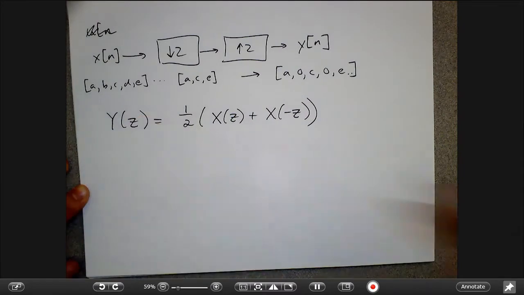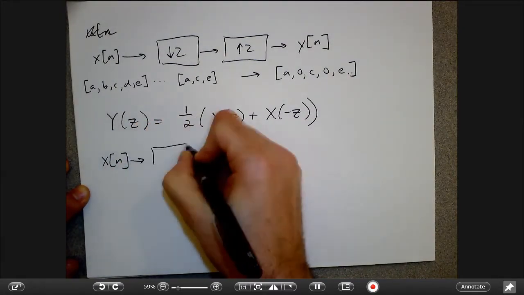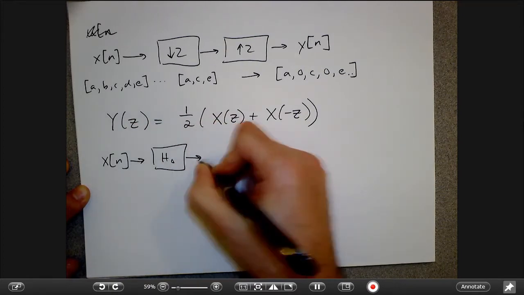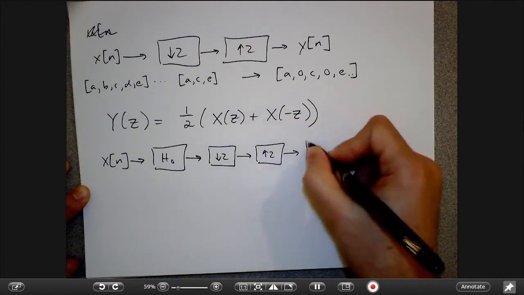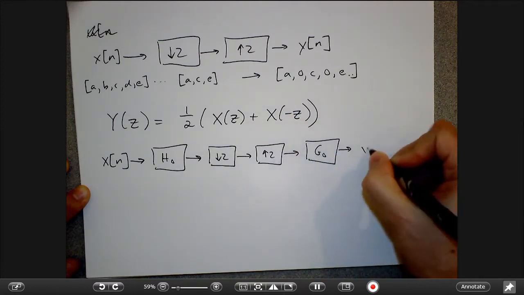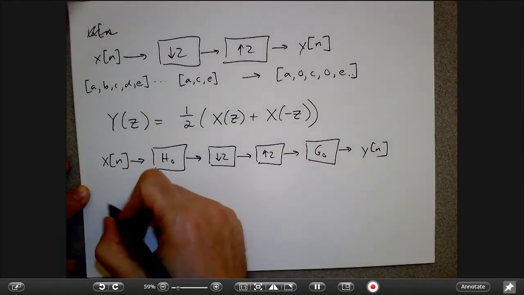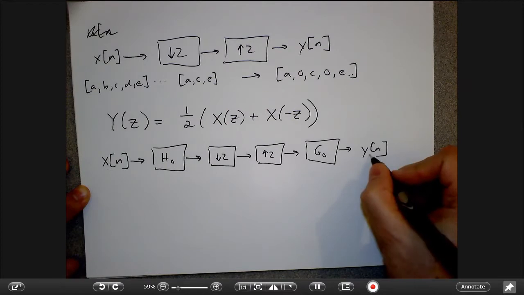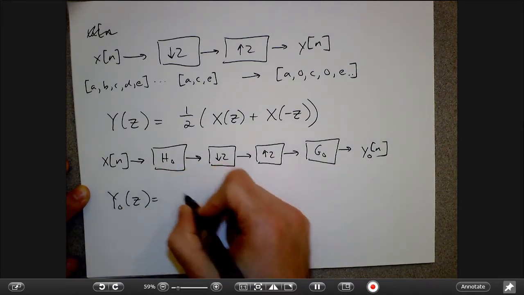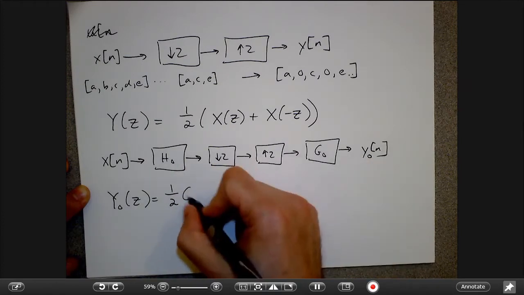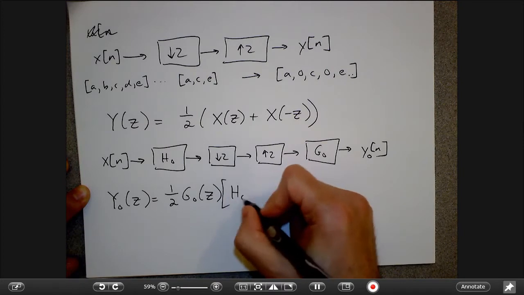What we really have, though, is something more like this, where I have a signal that gets filtered by something, then it gets downsampled, then it gets upsampled, and then it gets filtered again. For the top channel of that filter bank, I can use this result to say that my output Z transform is going to be 1/2 times the filtered version of this thing.